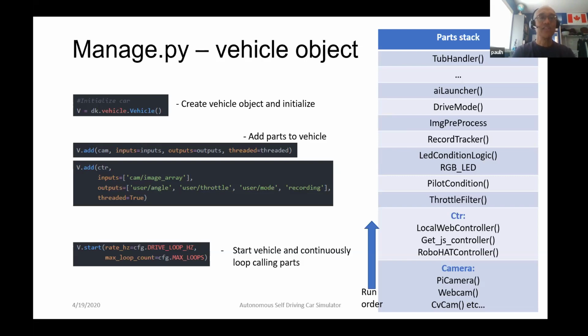That is the one that actually writes the records to your tub directory at the end of the loop, when all your parts have had the chance to take their input and provide their output. This tub handler will take the inputs that you specify in terms of what data you want to write into that control record.